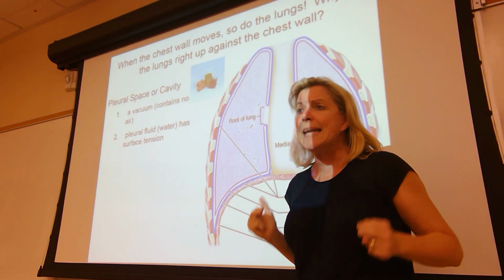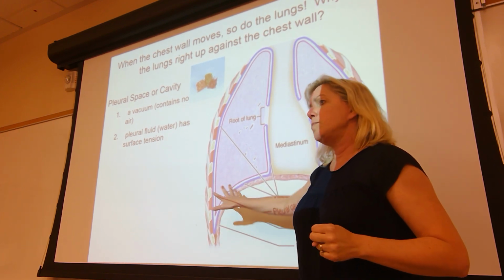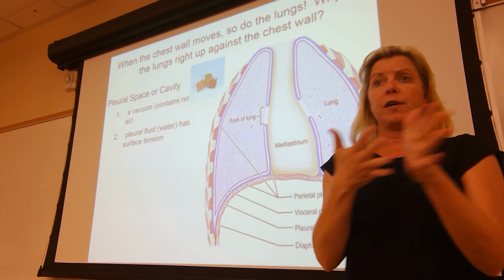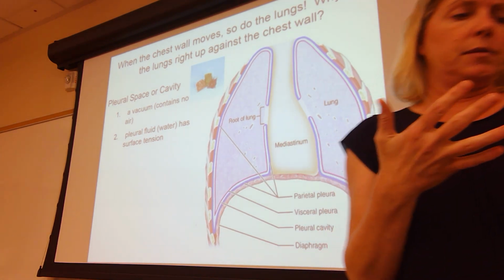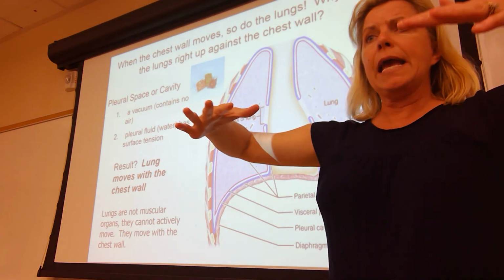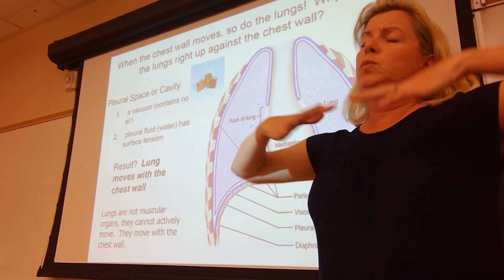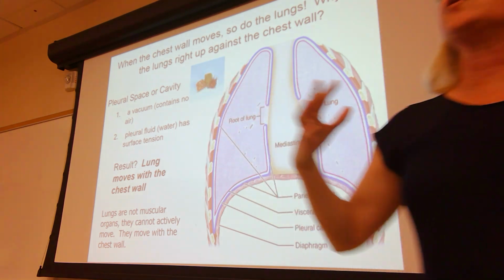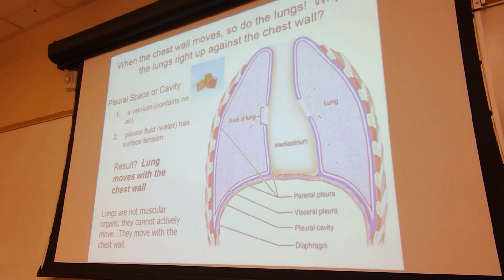You disrupt that negative pressure. If you make it positive pressure, we no longer have lungs and chest wall following each other. So the lungs are going to move with the chest wall. They are compliant when we inhale, but then the chest wall is compliant when we exhale. They have to take turns going the way they want to go.